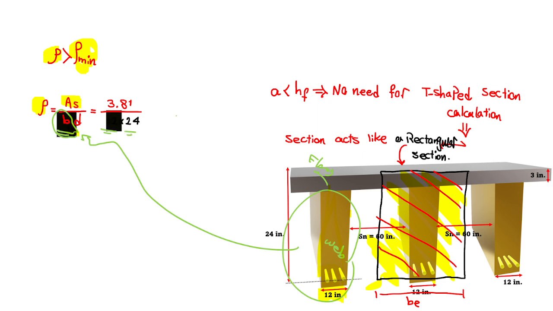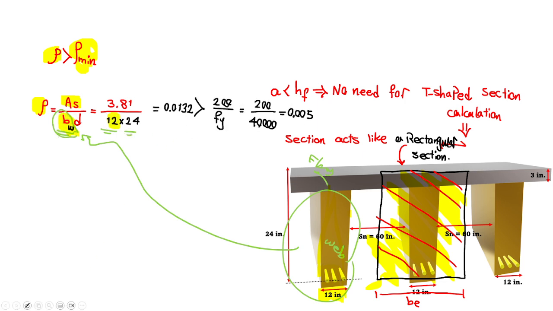That's 12 times 24, and it simply gives you this number, which is definitely bigger than rho minimum, which is 0.005. So that's again the requirement: rho should be bigger than rho minimum to avoid using a cosmetic steel amount. It's a structural steel.